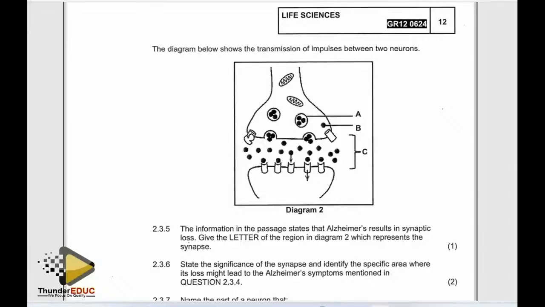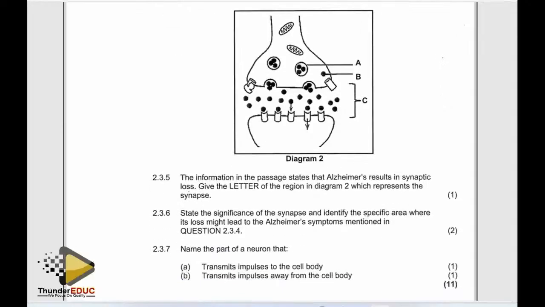The diagram below shows the transmission of impulse between two neurons. Information in the passage states Alzheimer's results in synaptic loss. Give the letter of the region in the diagram which represents a synapse. We said a synapse is the small space between two neurons, a junction between two neurons.